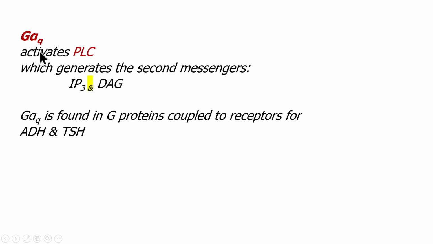G alpha Q activates the effector molecule phospholipase C, and once activated, phospholipase C generates the second messengers inositol triphosphate and diacyl glycerol. G alpha Q is found in G proteins coupled to receptors for ADH and thyroid stimulating hormone.